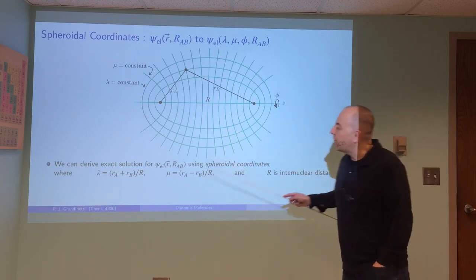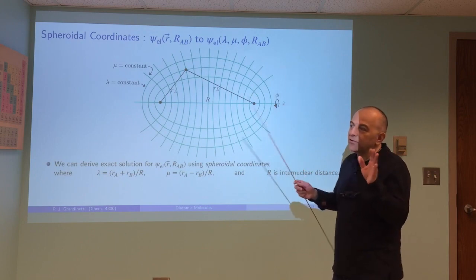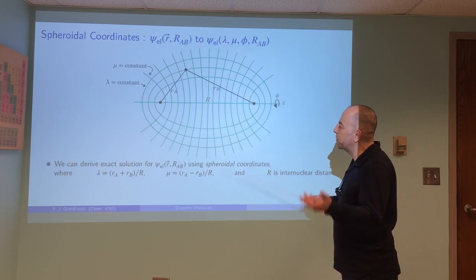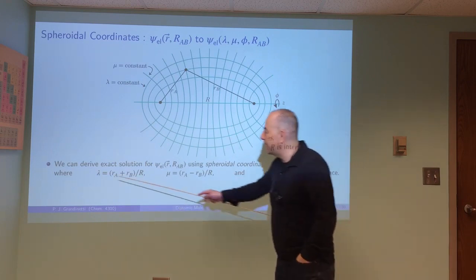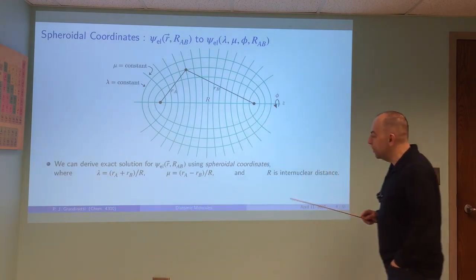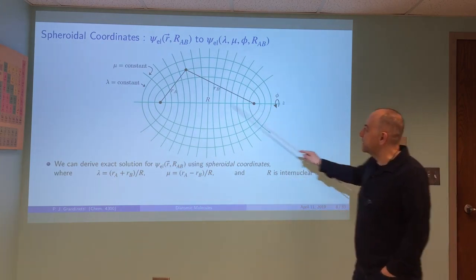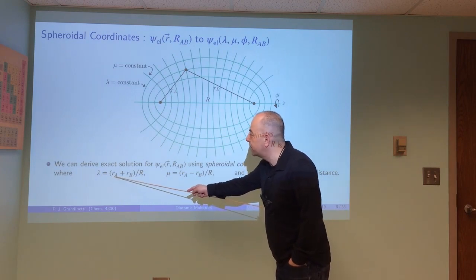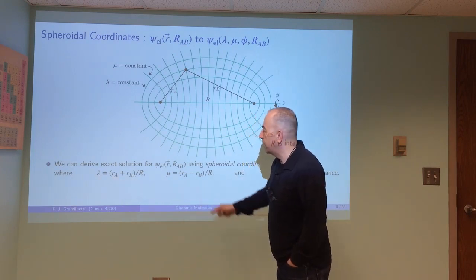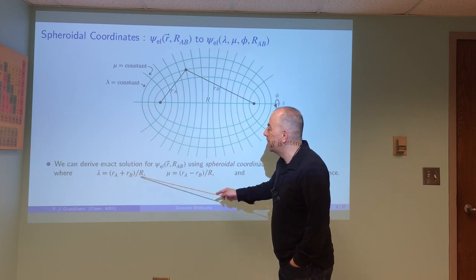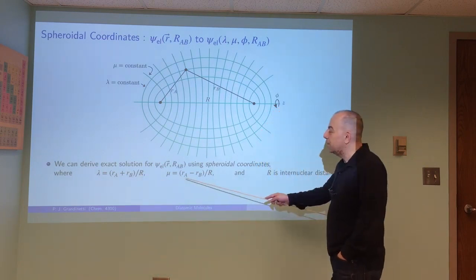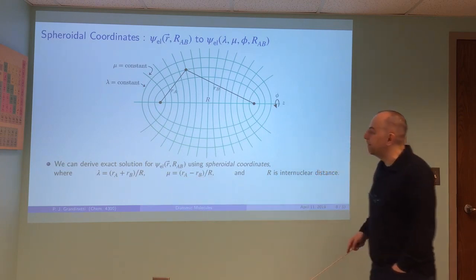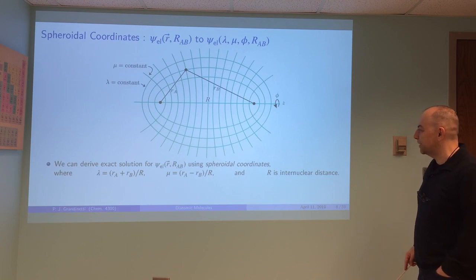Just like we transform to polar coordinates with r and theta, in this case we're going to transform into two coordinates, lambda and mu. R is this fixed distance between the two nuclei. Lambda is defined as the distance from the electron to nucleus A plus the distance to nucleus B, divided by the distance between the nuclei. And mu is R_A minus R_B divided by the distance between the nuclei.